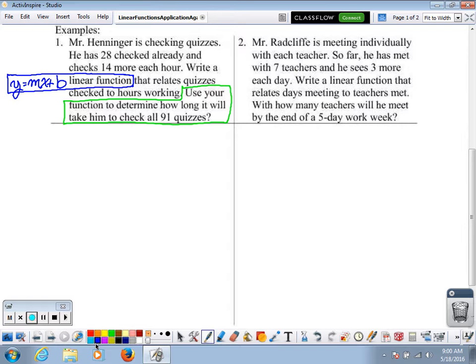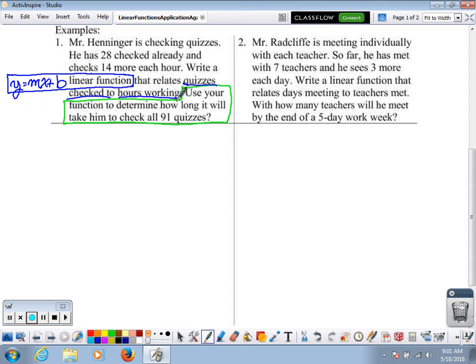But here's the thing though, guys. Those aren't changing. He is going to continue to check 14 every hour. That's not changing. The 28 quizzes that he has checked at the beginning of the story, that's not changing. That was done. What is changing are the quizzes checked and the hours working.